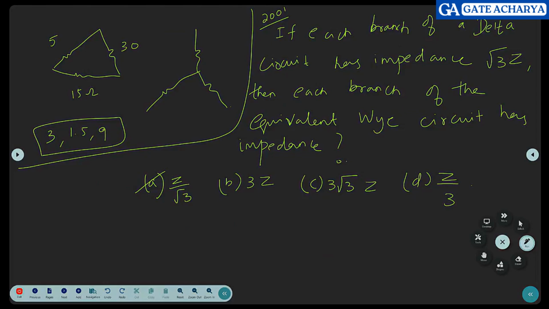See, simply speaking, one thing that I remember is that the star values are smaller than the delta values. So this is something that I remember.